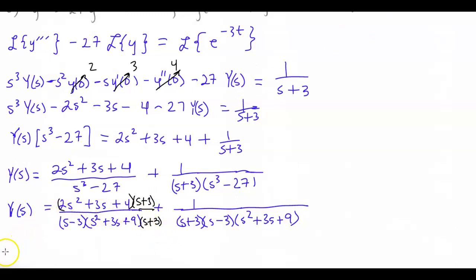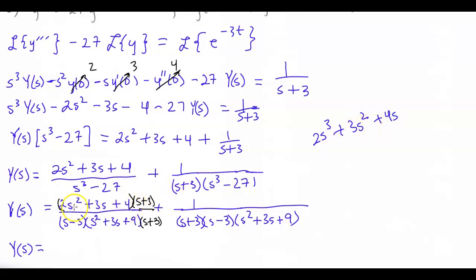And so we'll go ahead and combine everything together. So when we do this, of course, we'll have to multiply this 2s squared plus 3s plus 4. And I'll just go ahead and do that here on the side so that we'll save a little room. So this would be the s times all of these would be 2s cubed plus 3s squared plus 4s.